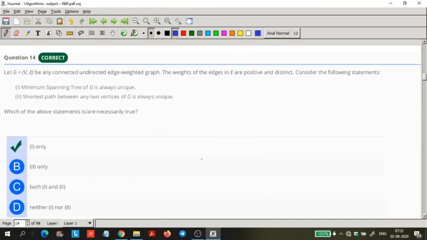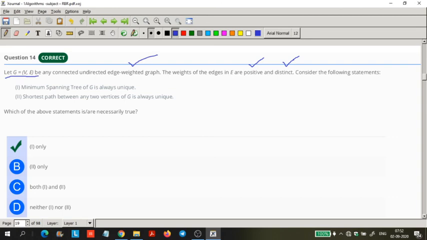Let us consider one more question. Let the graph G(V, E), vertices and edges, be a connected undirected edge-weighted graph. The weights of the edges in E are positive and distinct.